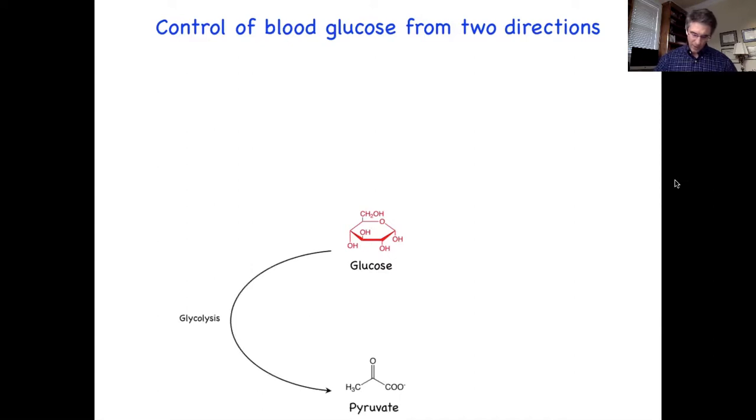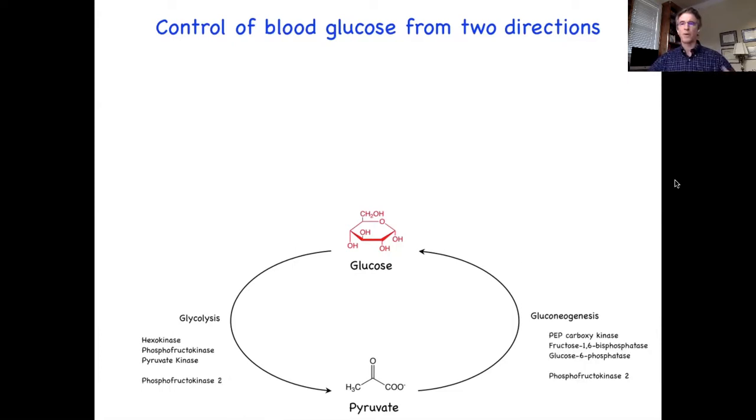So the flux down this pathway glycolytically to make pyruvate is a really big deal. And we've seen how there's an opposing flux running through gluconeogenesis that can take things that can be turned into pyruvate and move it back into glucose, essentially by using oxaloacetate to recreate phosphoenolpyruvate, not so directly through pyruvate.